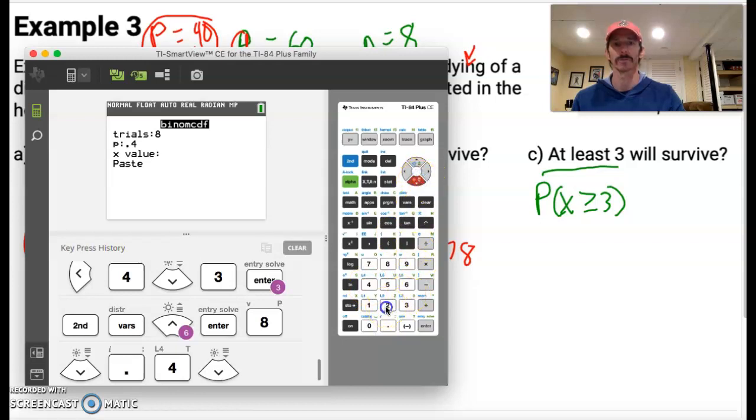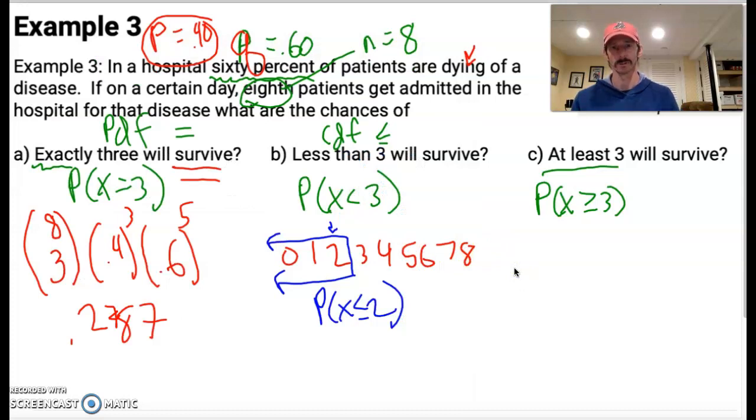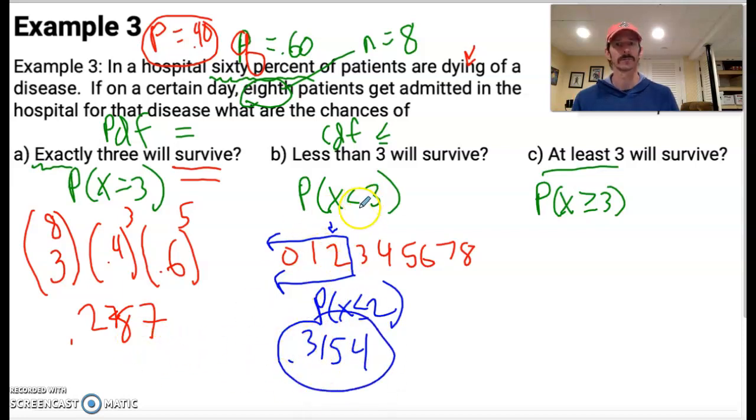And I will put a 2 in here, which just means because it's a CDF, it's going to calculate 2, 1, 0, and add all those up. Paste it, and I get my answer of 0.3154. So this would be 0.3154, so about a 31% chance that less than 3 will survive.